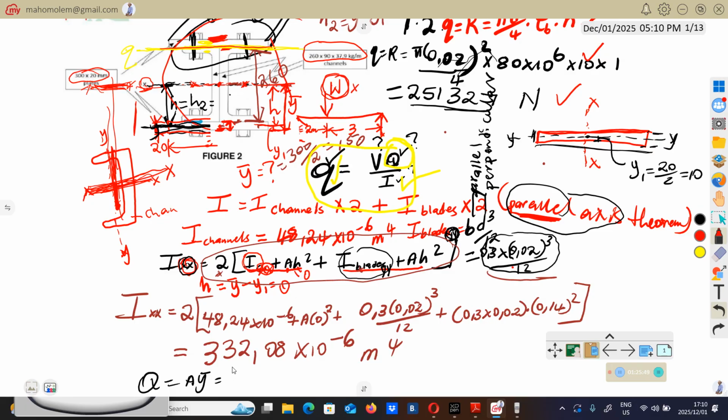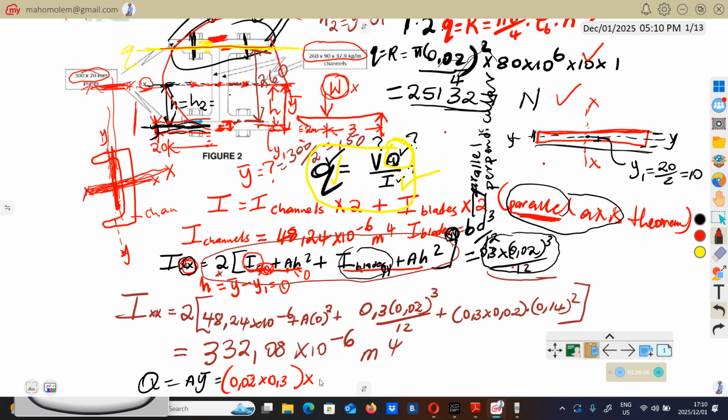So area of rectangle, which is that 20 multiplied by that other side 300, multiplied by y bar. So what is y bar?